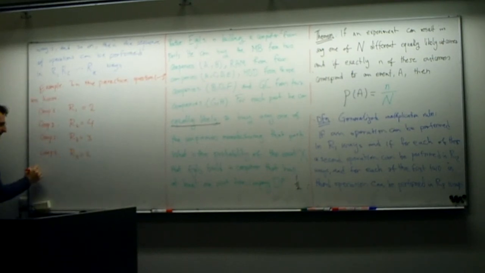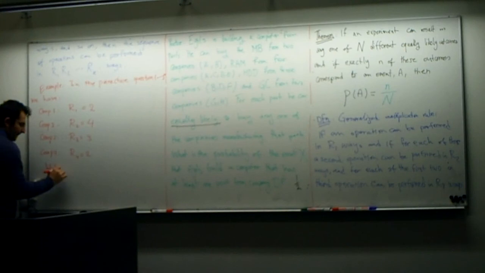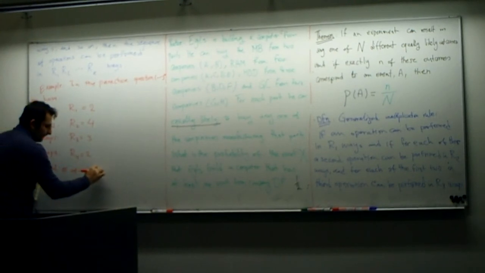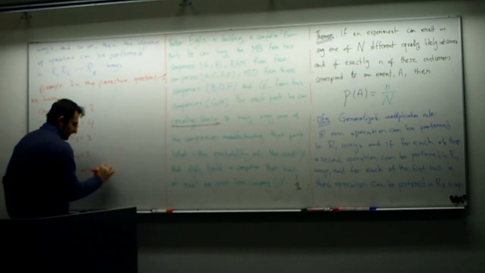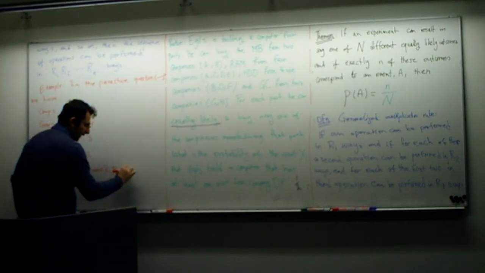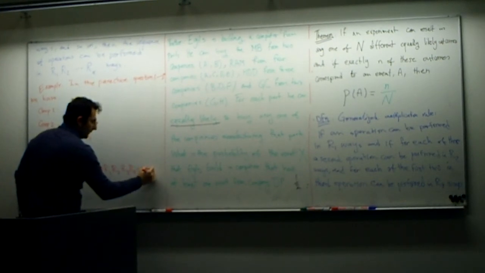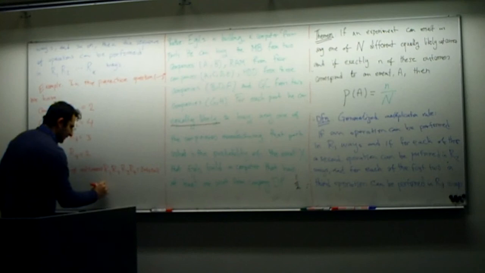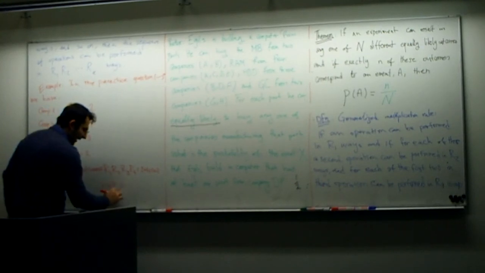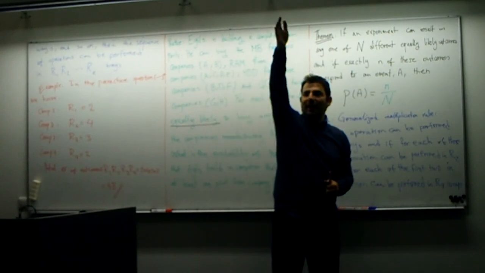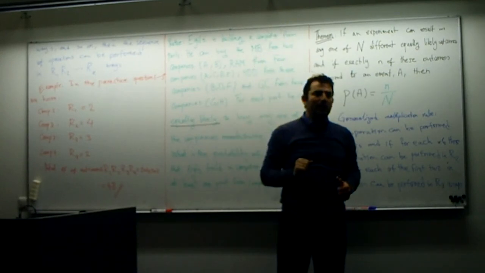So the total number of outcomes will be R1, R2, R3, R4, which is 2 multiplied by 4 multiplied by 3 multiplied by 2, which is equal to 48. In other words, when you make a tree, you will see that at the end you will have 48 possibilities.